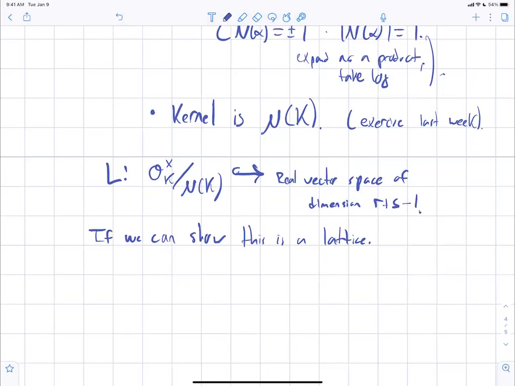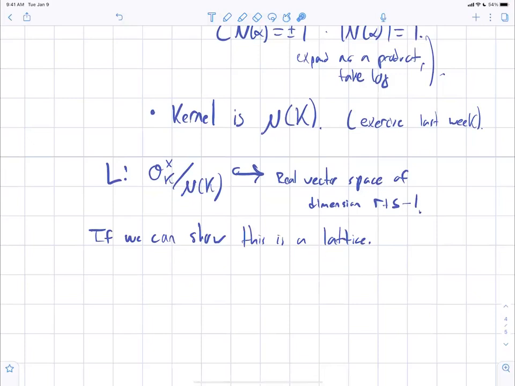This is something we implicitly used when we were talking about Minkowski's theorem, and about class groups and finiteness of the class group, and even before then. Previously, when I said lattice, I always meant a lattice of maximal rank: you were in a real vector space of dimension n, and you had n basis vectors.